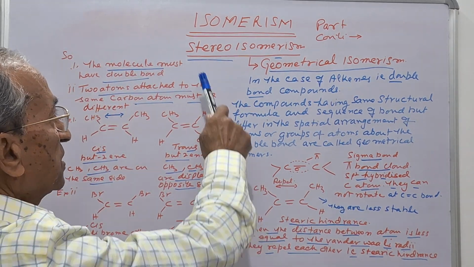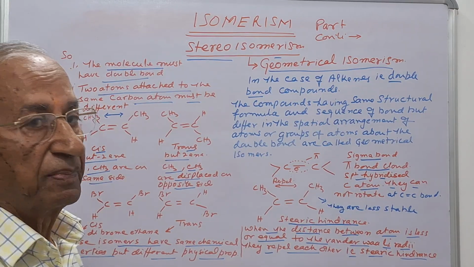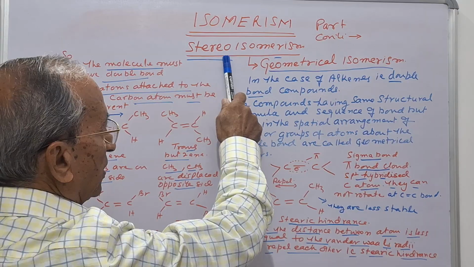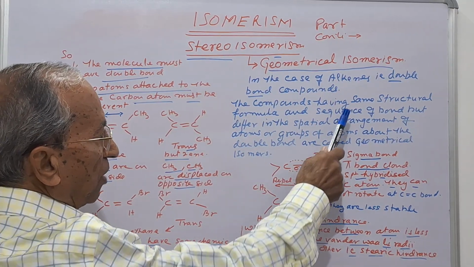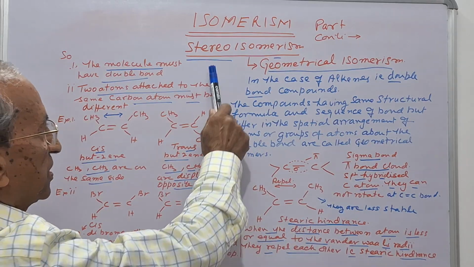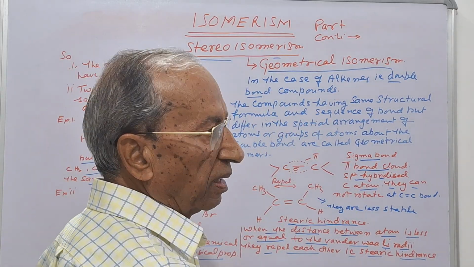In the case of stereoisomerism, the compounds have the same structural formula. In stereoisomerism today, I will discuss geometrical isomerism.